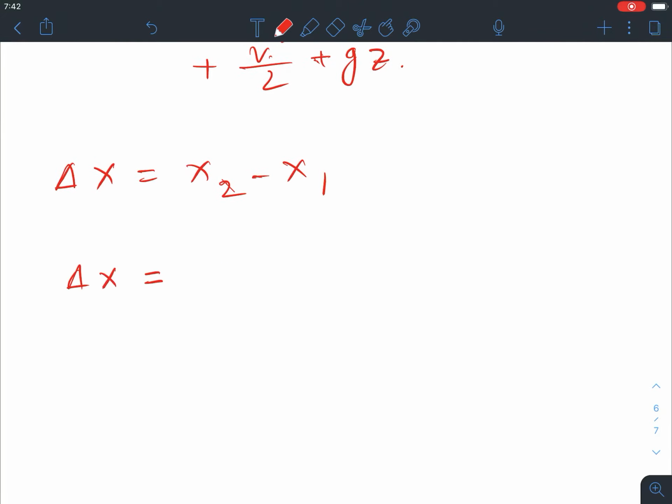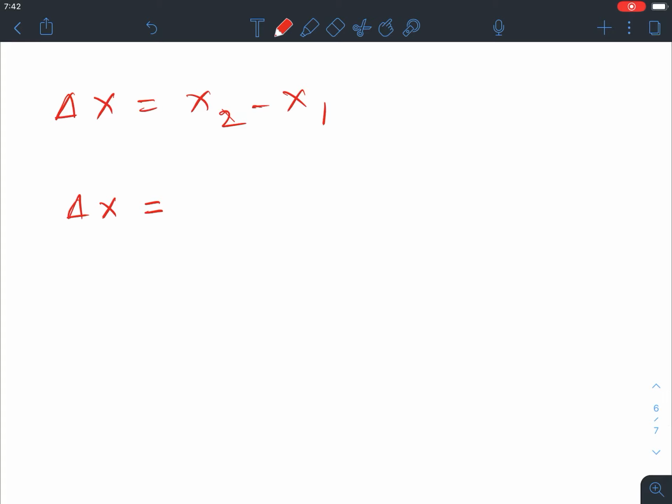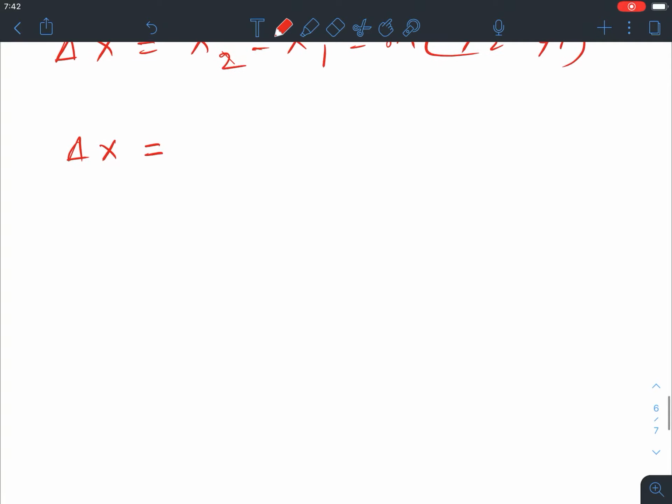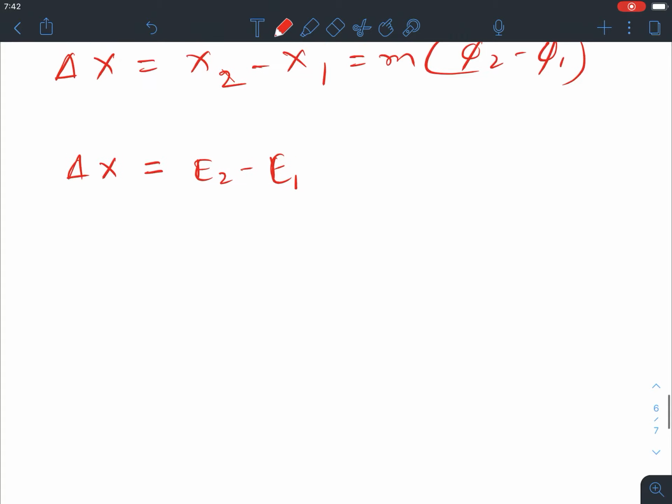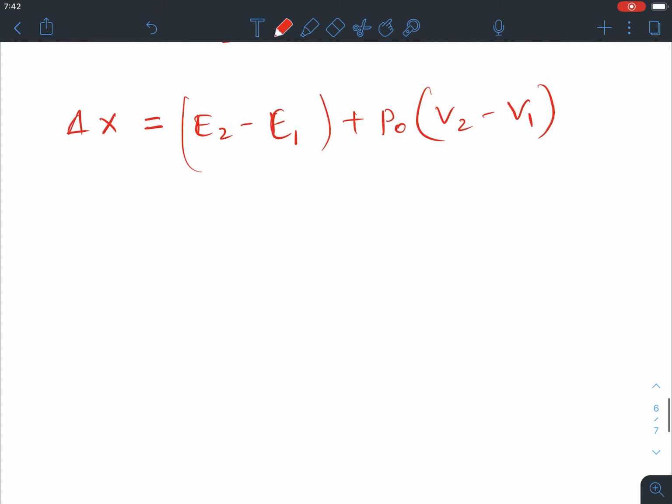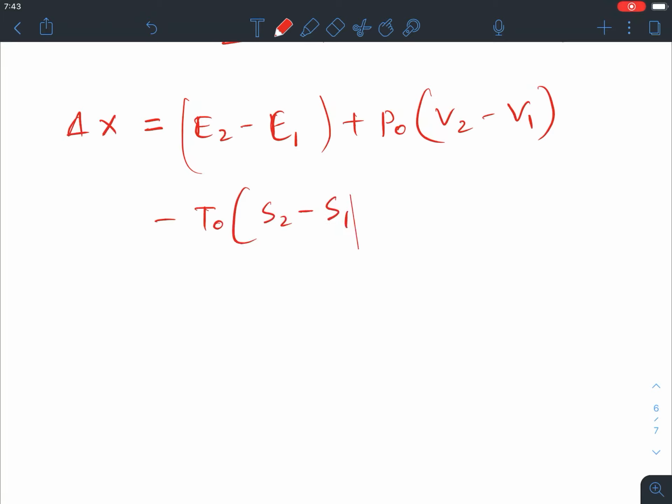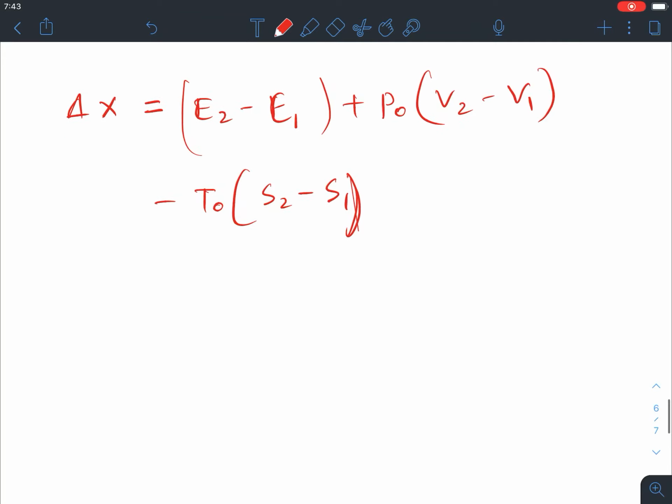X2 minus X1. It's a very simple relationship, which is basically mass times phi 2 minus phi 1. And if we write this equation, it will be nothing but E2 minus E1 plus P naught times V2 minus V1 minus T naught times S2 minus S1, right?